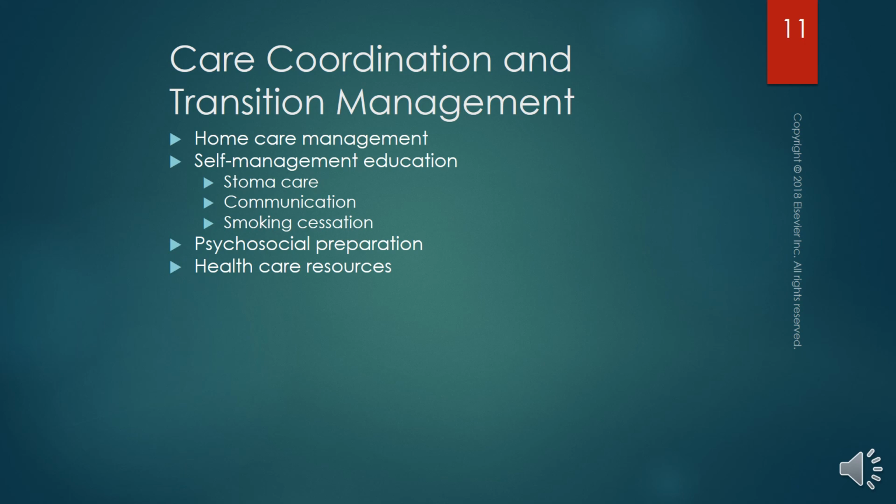When we're teaching about home care, one thing that we need to teach about home management to prevent aspiration is to make sure that they position themselves upright for eating or drinking. They need to select foods according to their swallowing ability. So are they really just on soft foods right now?